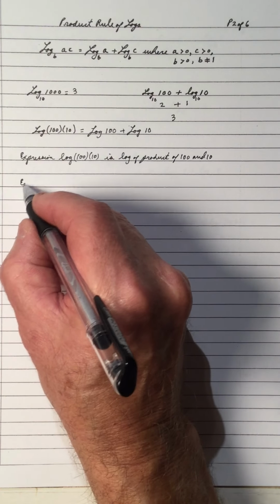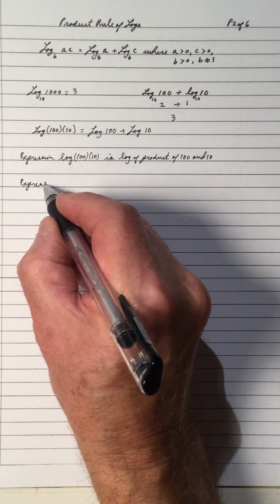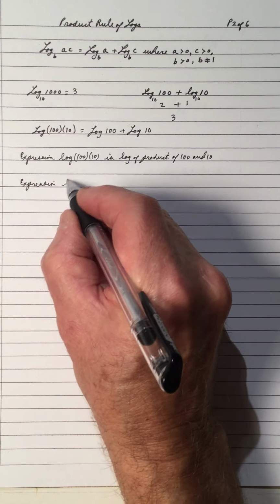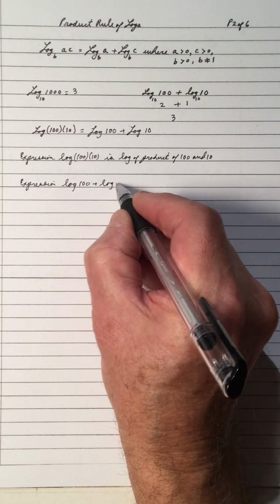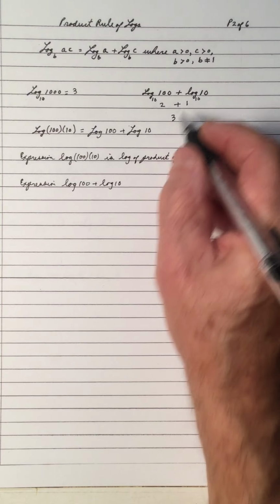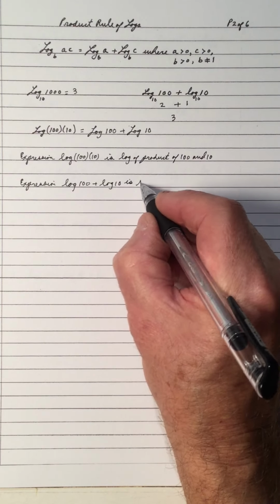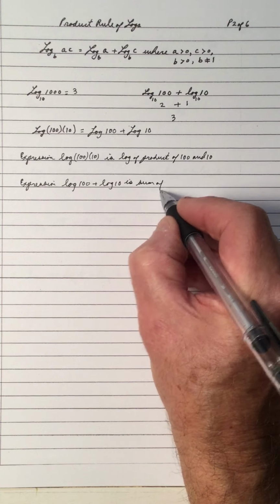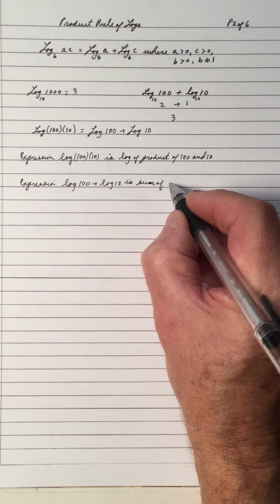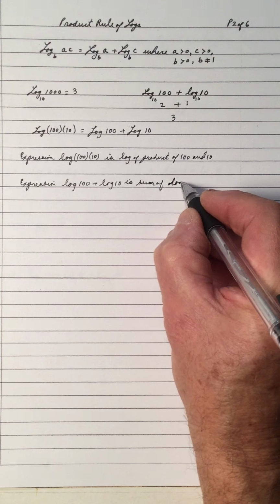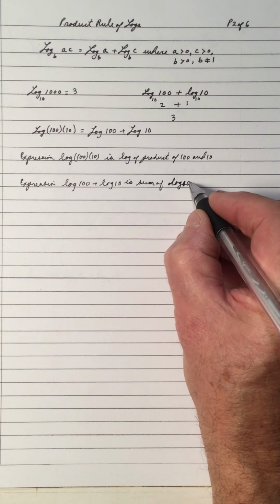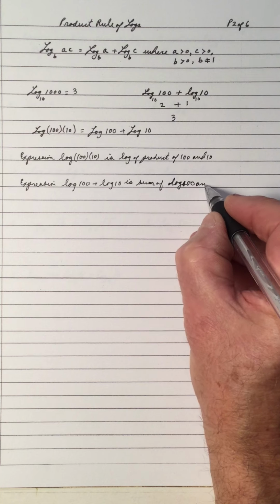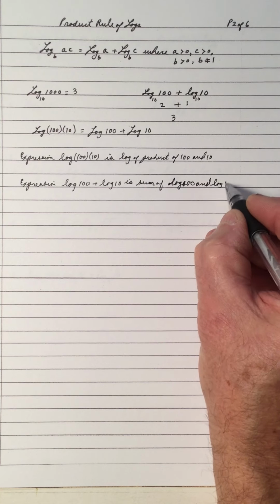And the expression, the log of 100 plus the log of 10, is the sum of the logs, the sum of the log of 100 and the log of 10.